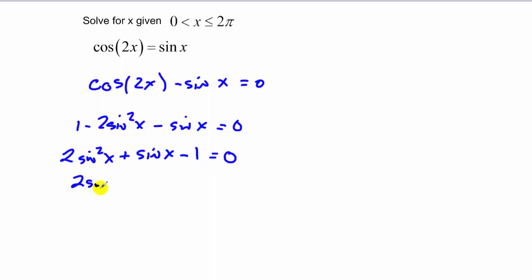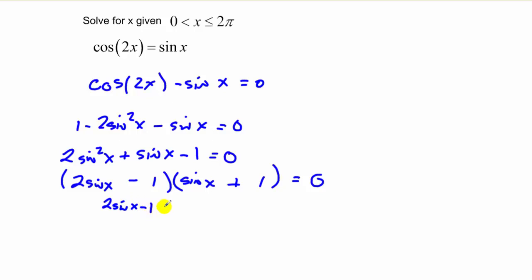Therefore, I have 2 sine of x, sine of x, 1, 1, plus here, minus here. So 2 sine of x minus 1 equals 0, sine of x plus 1 equals 0.